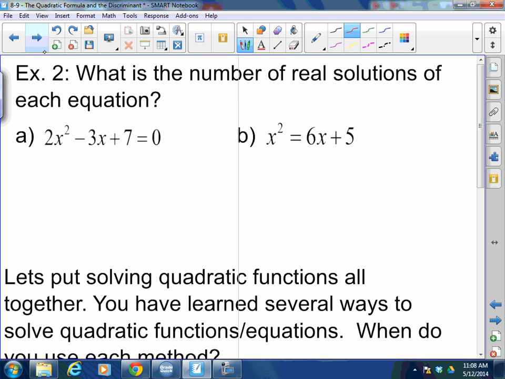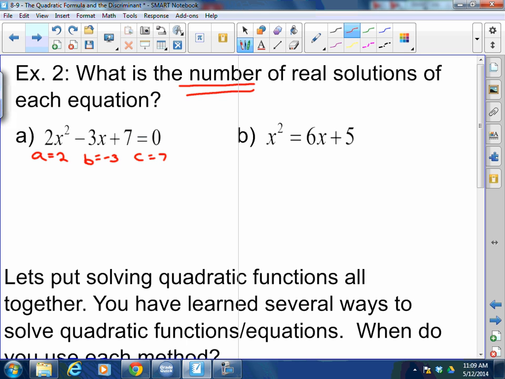So for example, what is the number of real solutions of each equation? What's my A here? Because it's already in standard form. What's my B? What's my C? Okay. In order to find the number of solutions, again, you're not finding the solution. To find the solution, you use the complete quadratic formula.